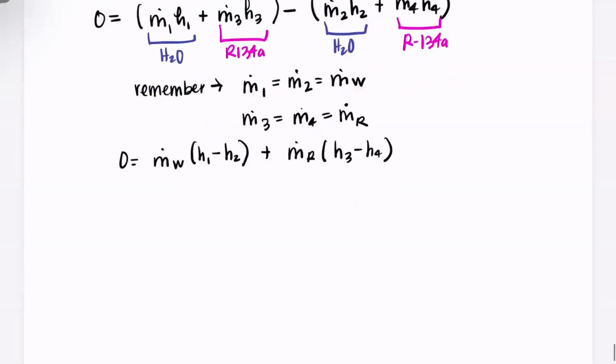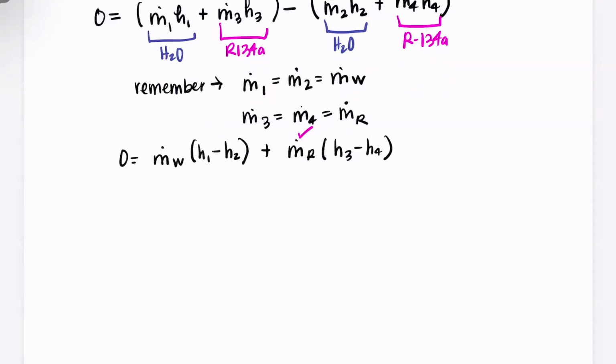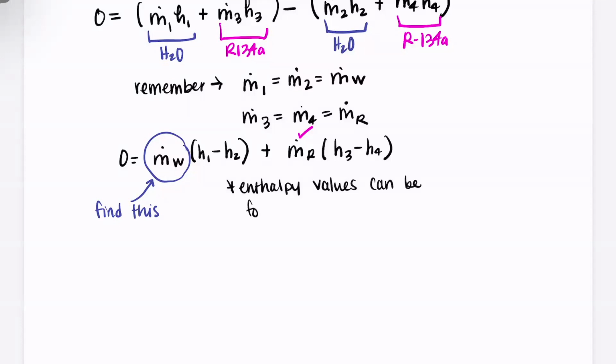Okay. We already have m dot R, and we can find all these enthalpy values in the tables. All that's left to find is m dot water.